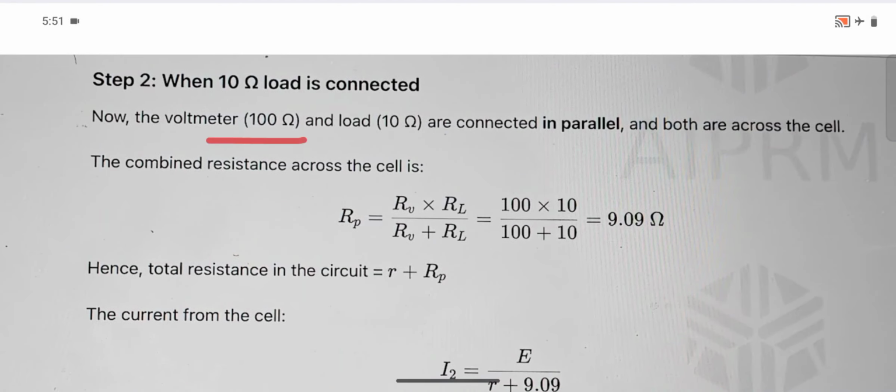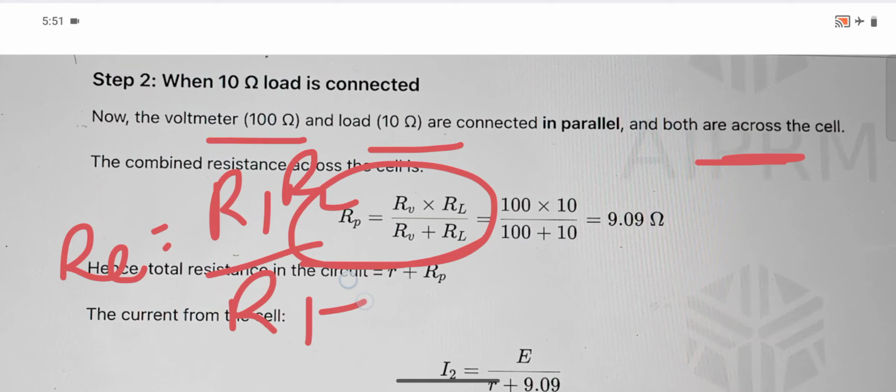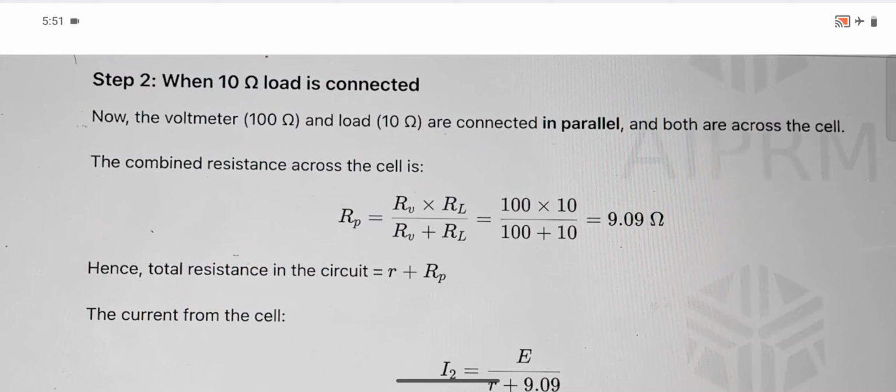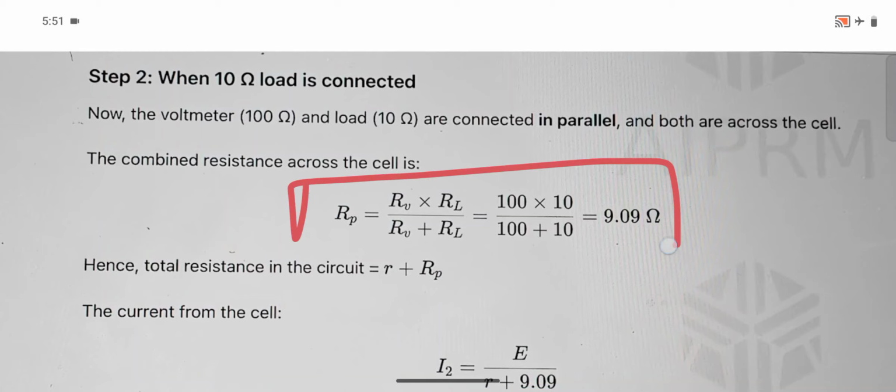Next, when the 10 ohm load is connected, what happens? The voltmeter of 100 ohm and the load of 10 ohm are connected in parallel, both across the cell. First I will calculate the equivalent resistance. If it is in parallel, then the equivalent resistance is R1 into R2 divided by R1 plus R2. Simply putting in the values, we will get the combined resistance across the cell.